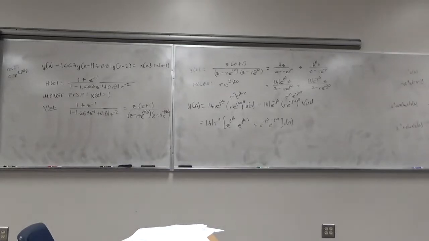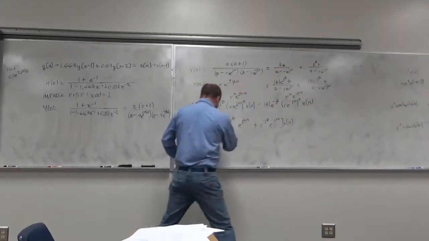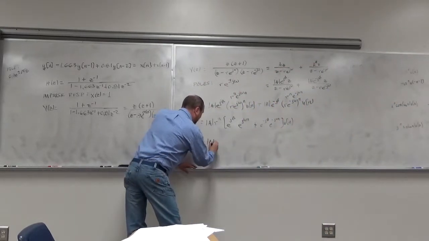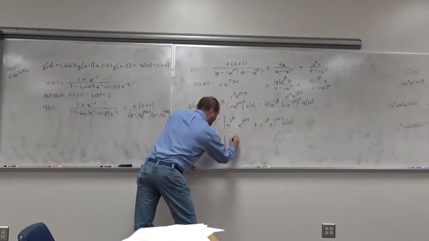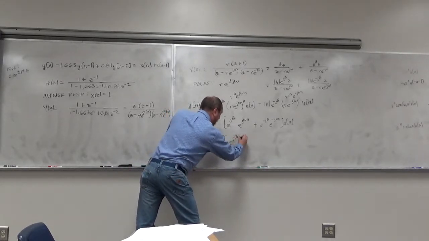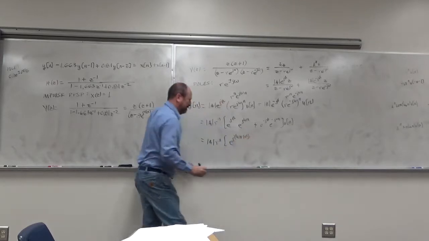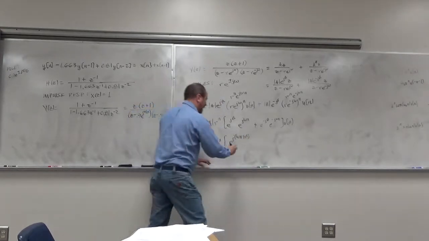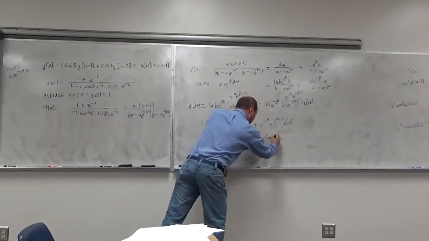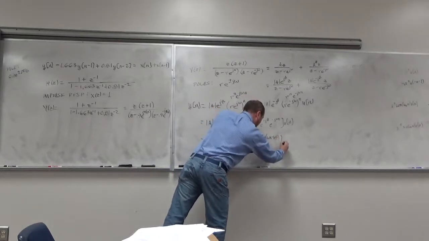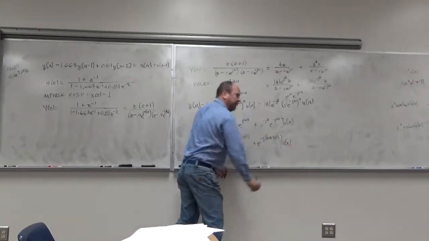So what we've got left-hand side, magnitude of A, r to the n. This becomes e to the j omega n plus theta. And what's the next one? E to the negative j omega n plus theta. How about that now, Connor? U of n.